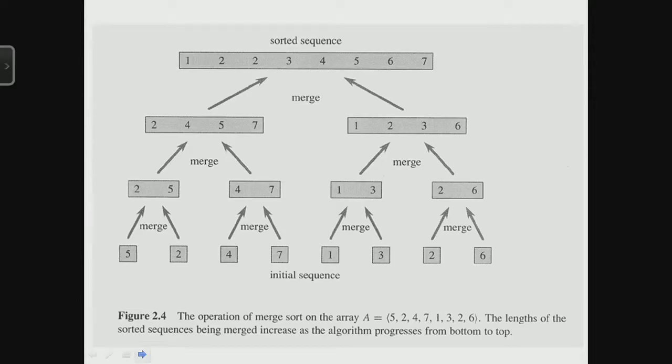The leaf levels in this tree tell us the initial array. The initial array has 8 elements: 5, 2, 4, 7, 1, 3, 2 and 6.